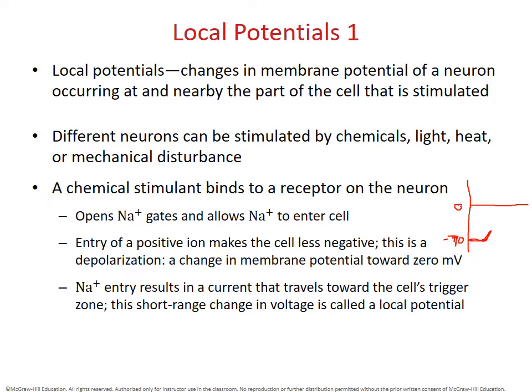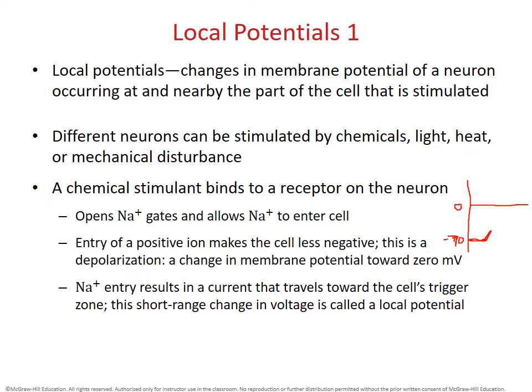Notice that this brings the membrane potential closer to 0. 0 would mean an equal charge separation across the membrane, and 0 would most definitely be a nonpolar condition. A cell with a membrane potential of 0 would have 0 electrical polarity across the membrane.